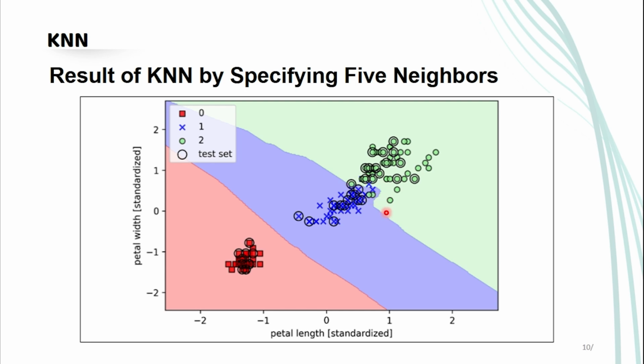So the boundary between class 1 and class 2 is not a line; it is a complicated shape. Sometimes the boundary will be a very complex shape, not any linear function, so this shape depends heavily on the training data.